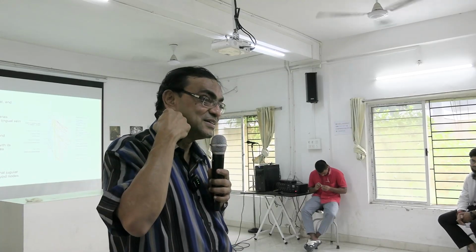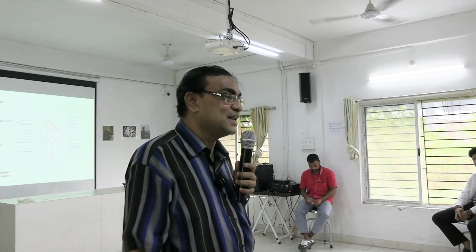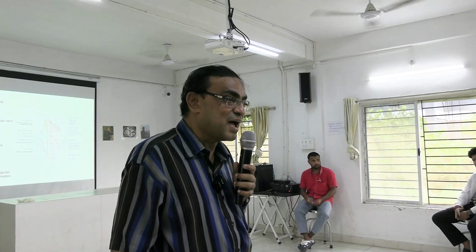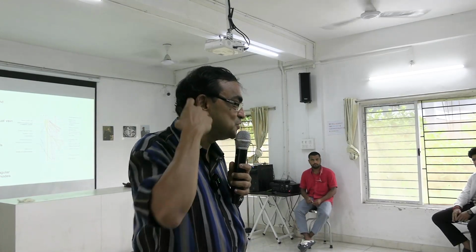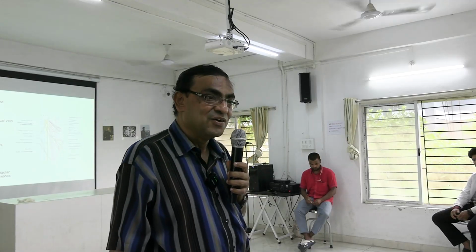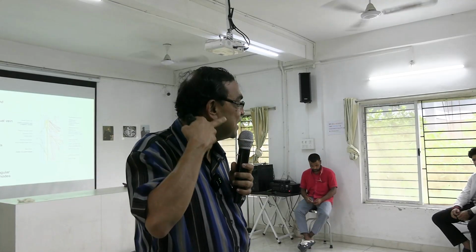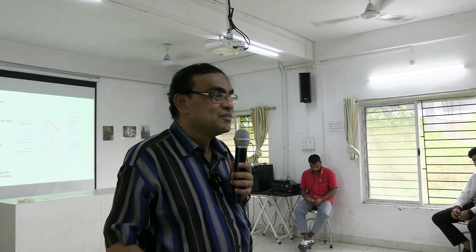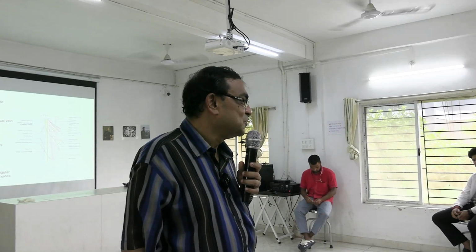The major branches from the first part are the middle meningeal artery and the accessory meningeal artery. We can get the tympanic branch, which will supply the ear, and the inferior alveolar artery.